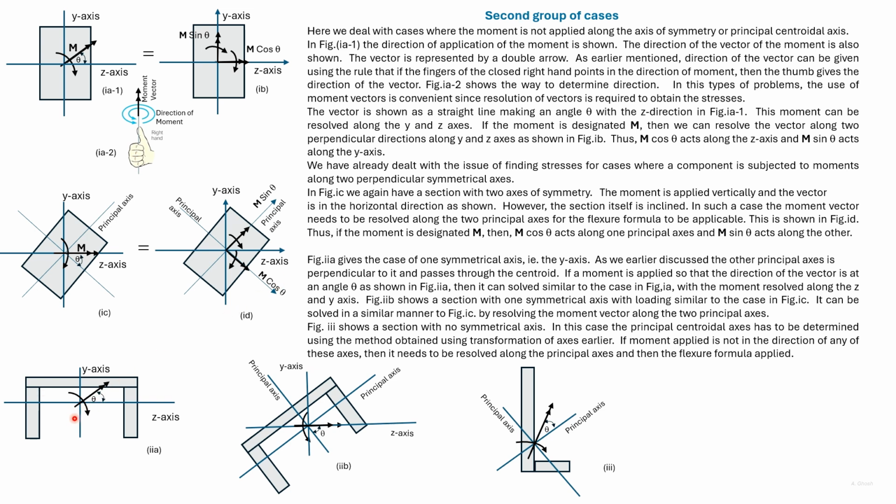If the moment applied has a moment vector that does not coincide with any of the principal axes, then we can resolve the moment vector into two vectors that act along the two principal axes. We can then use the flexure formula and find out the stresses at any point in the channel section.